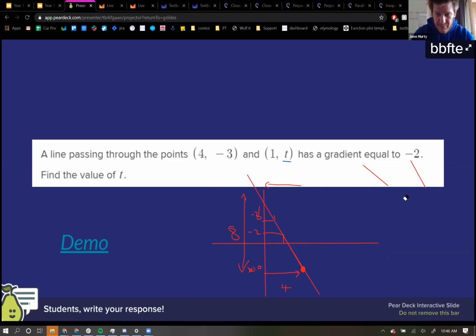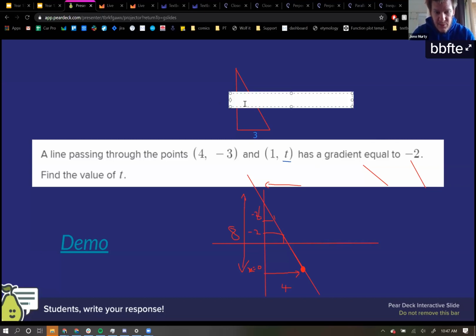So it's only gone up, sorry, yeah. So from 4 to 1, it's gone across 3. Let's just think of it again. So we have this triangle. From 1, it's gone across 3.